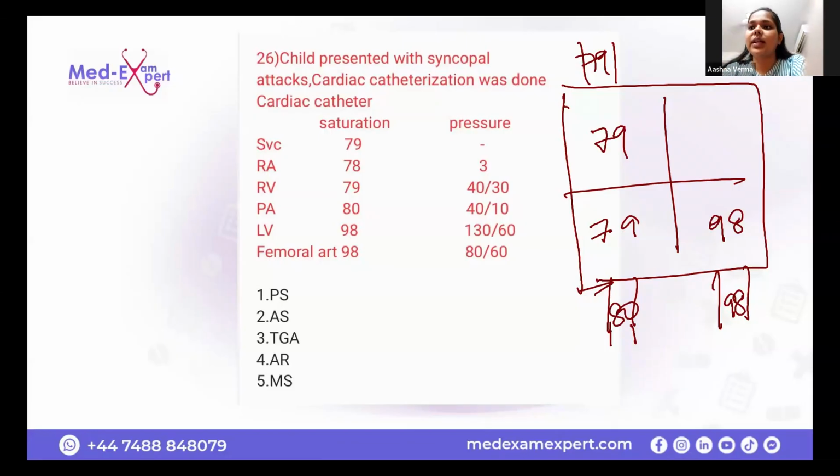The pressure in SVC is not given here, there is a dash. The pressure here is 3, which is normal. Right ventricle, it is 40 by 30. In pulmonary artery, it is 40 by 10. In the left ventricle, it is 130 by 60. And in the femoral artery, somewhere down here, it is 80 by 60.